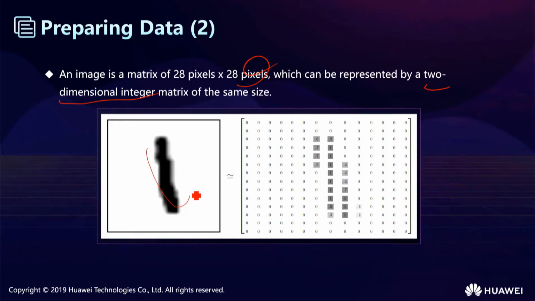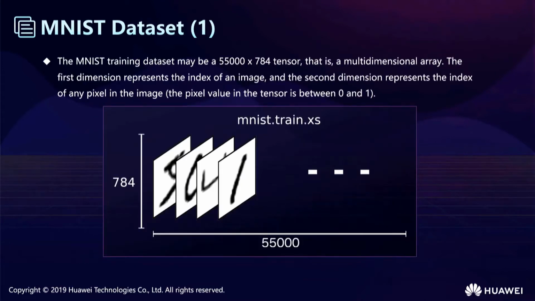We can also translate the matrix into a one-dimensional vector. So the size of the vector is 28 multiplied by 28 equals 784.